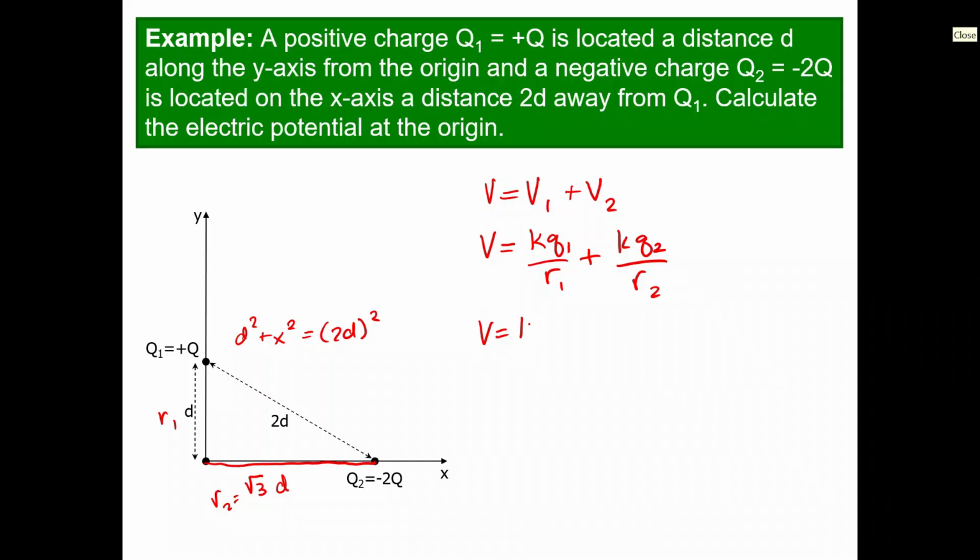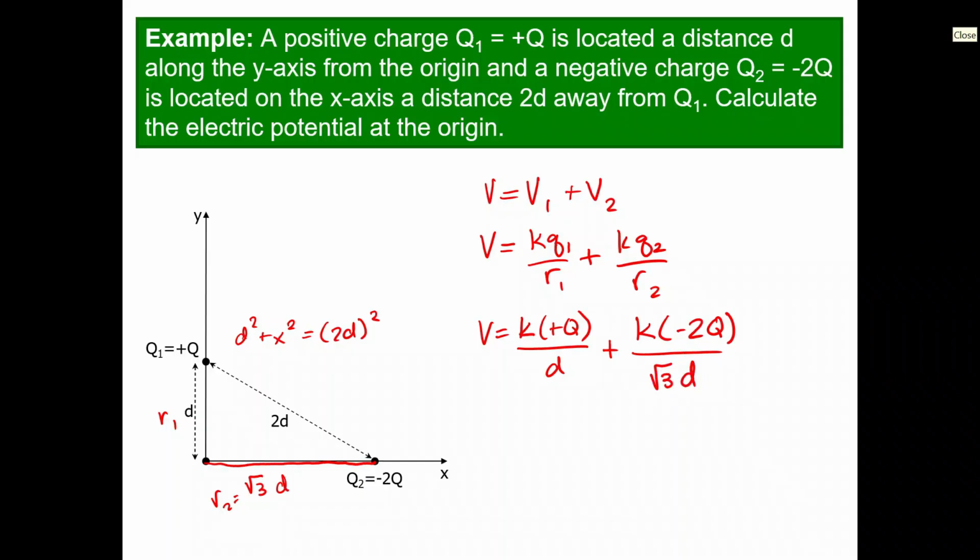So V is going to be K times Q1, a positive Q, over R1, which is d, plus K times negative 2Q. And it does matter. We do have to include the positives and negatives, even though it's not a vector. Whether the potential is positive or negative matters. Oh, it should be a plus sign. And then R2 is the square root of 3 times d.